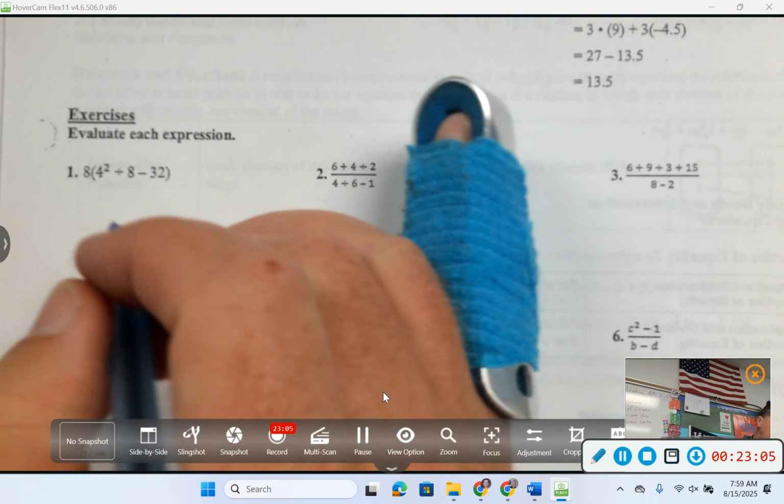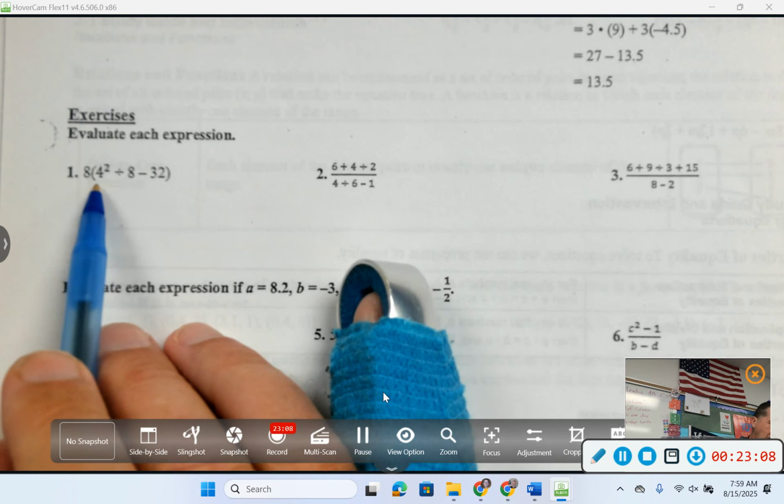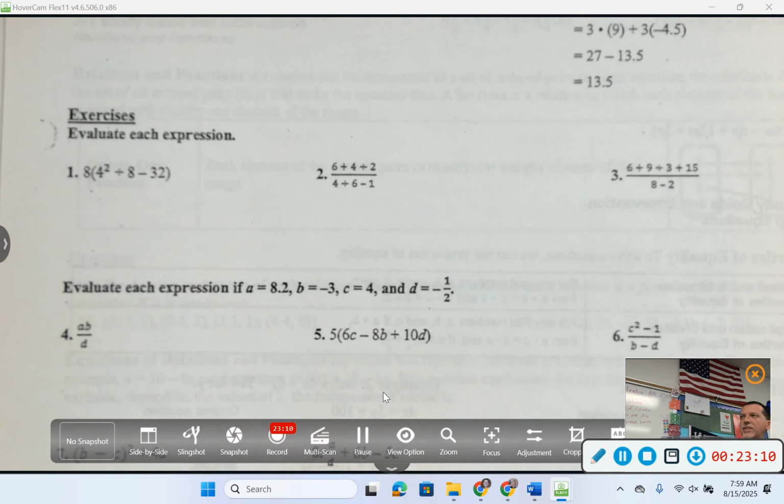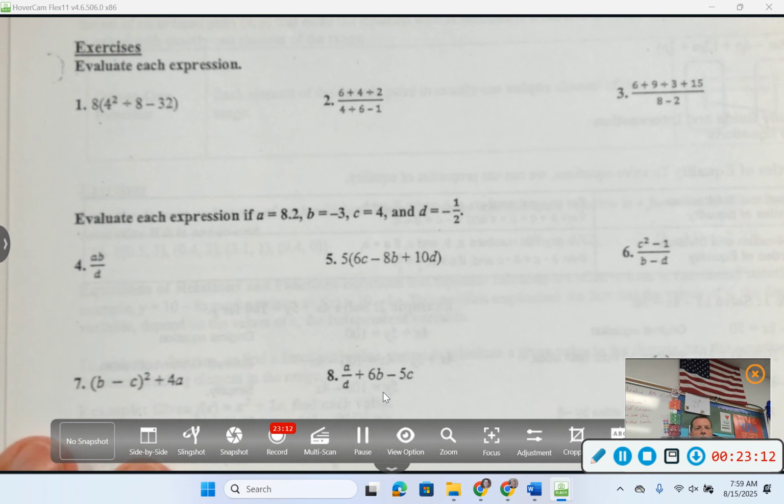Let's do number 1. 8 times the quantity 4 squared divided by 8 minus 32.